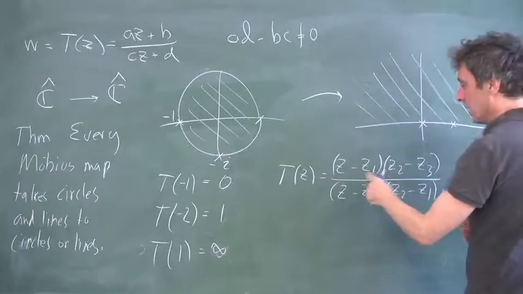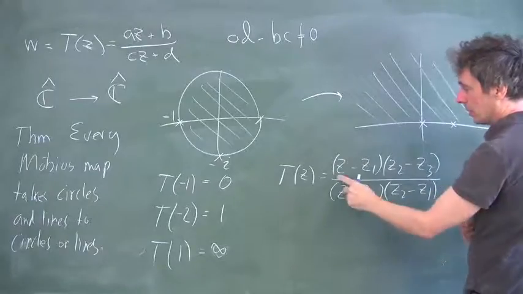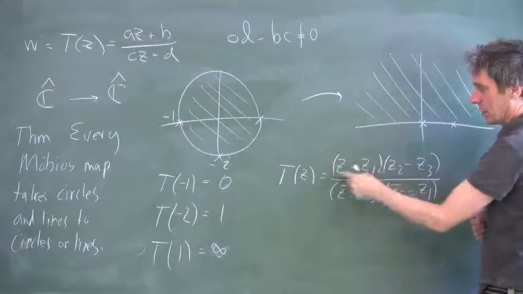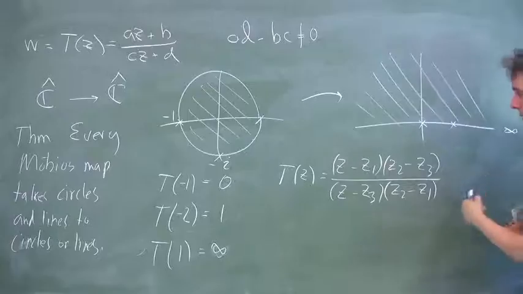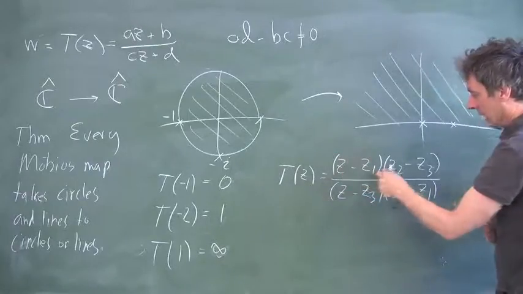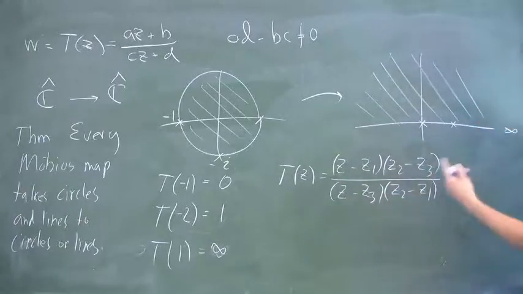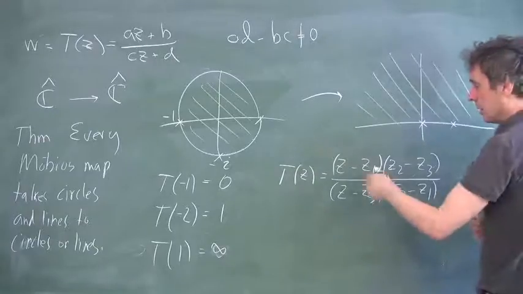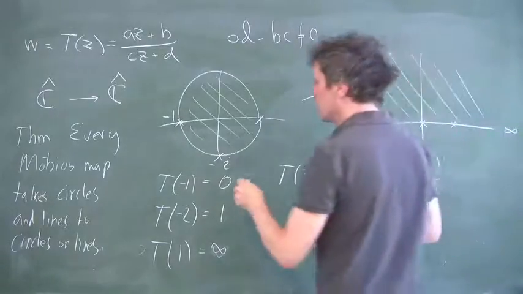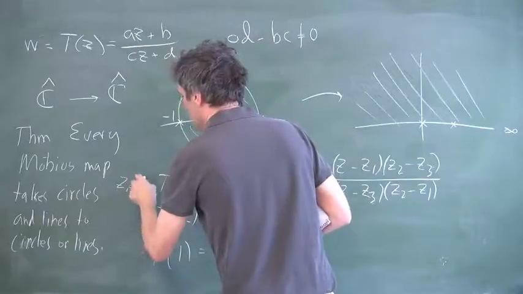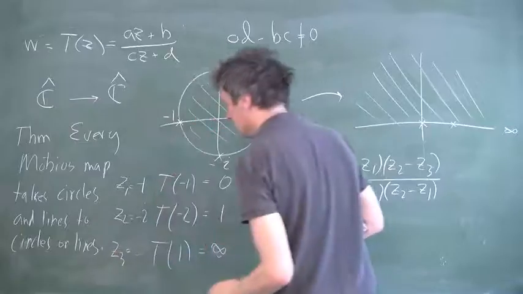And then you observe that z1 will always be mapped to 0 now, because if you insert z1 here, you will get this factor 0. z2 will always be mapped onto 1, because if you insert z2 here, then this factor cancels out against that one, and this factor against that one. And if you insert z3, then this will be mapped onto infinity, because you get a 0 in the denominator here now. So in our case, z1 is just -1, z2 is -i, and z3 is just 1.